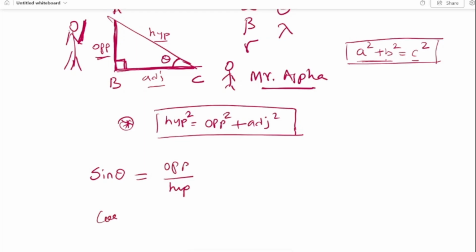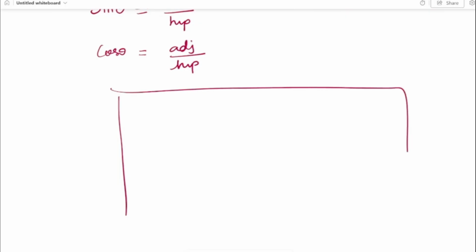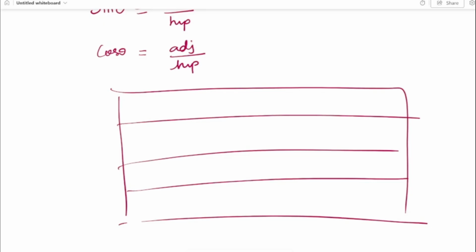Likewise, cos theta is adjacent over hypotenuse. So I'm going to put everything in a grid so that you can easily remember. Okay, sin theta is opposite over hypotenuse. Cos theta, adjacent over hypotenuse.